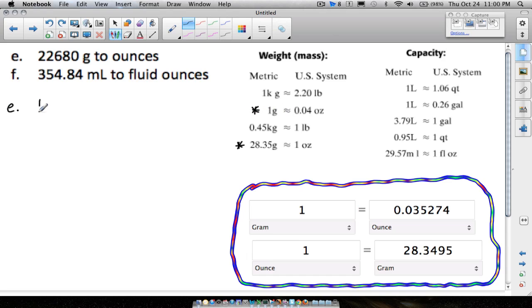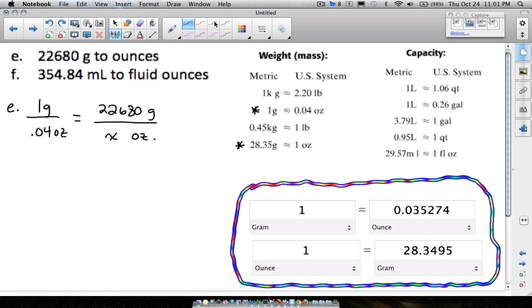So let's use this rate here. 1 gram is the same thing as 0.04 ounces, based on what we see right here in this table. So therefore, since we have grams at the top, let's put 22,680 grams at the top, and we're trying to convert this to ounces, so we're going to put an X down there.